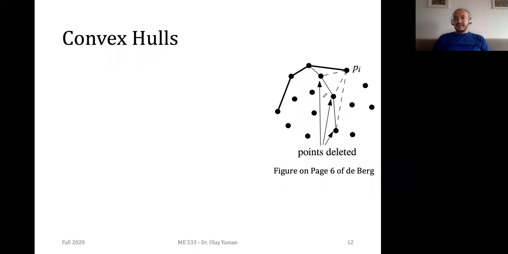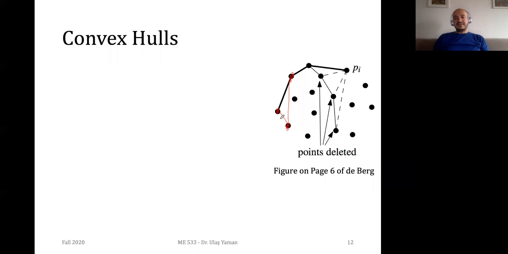Yes, this is the same example once again. So we start from here. This is the first point. And then at the beginning of the algorithm, we need to have at least 3 points. So that's why I need to consider these 3. If you form a kind of line set here, those will be the lines connecting these 3 points, right?